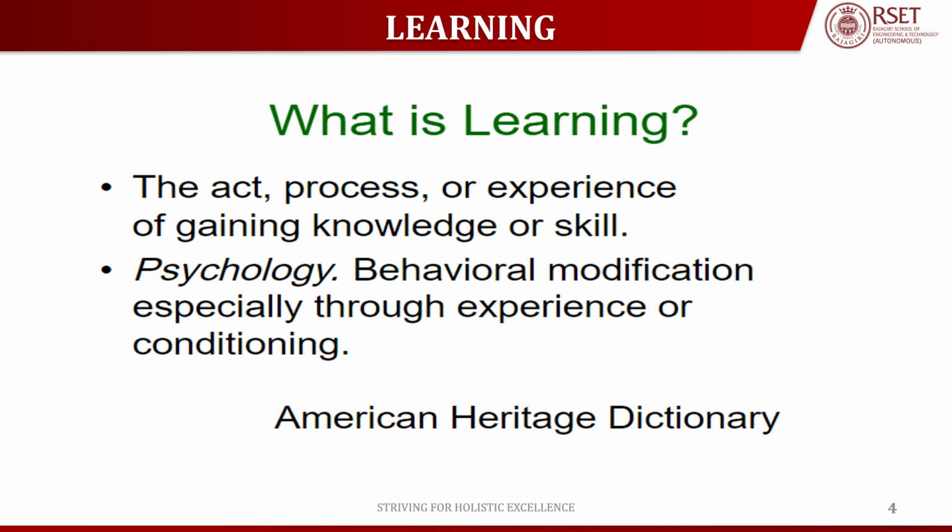So in artificial intelligence, learning means a program which can modify knowledge or behavior using the historical data, feedback, or the interaction. So a system that learns should perform better tomorrow than it did today. So it can be called behavioral modification, especially through the experience or condition.